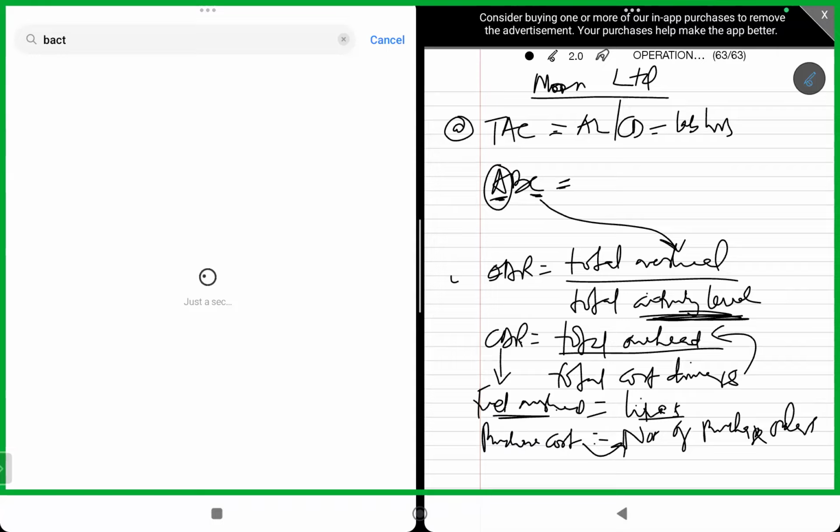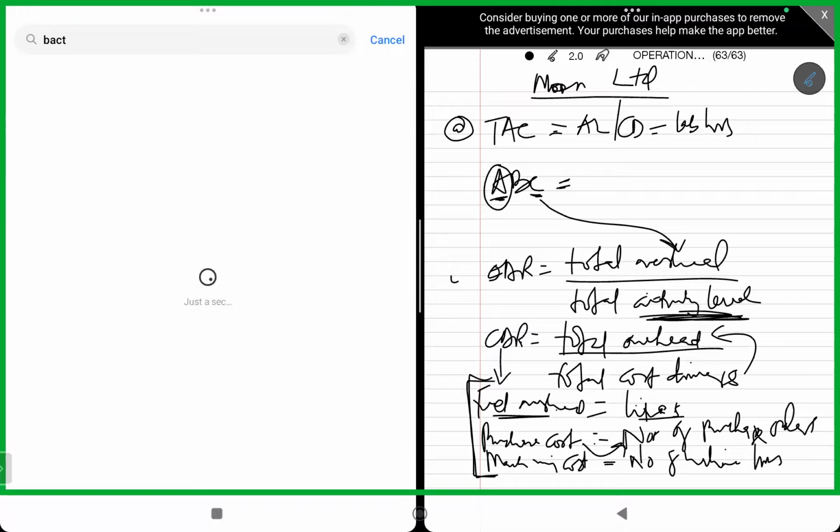Now, we can have another one like, let's say, machine running costs. Then the cost driver could be the number of machine hours. I hope you get it. So you could see that these are different, specific overheads, and these specific overheads all have their unique cost drivers.